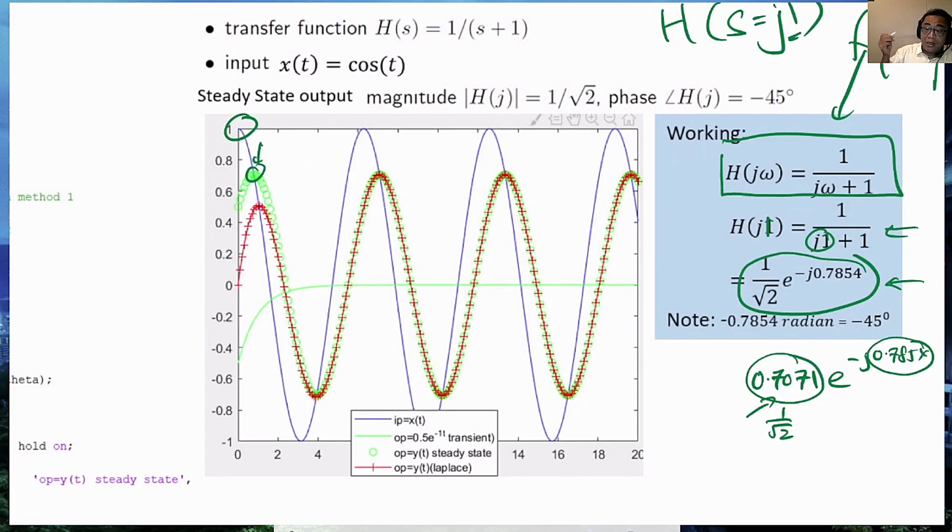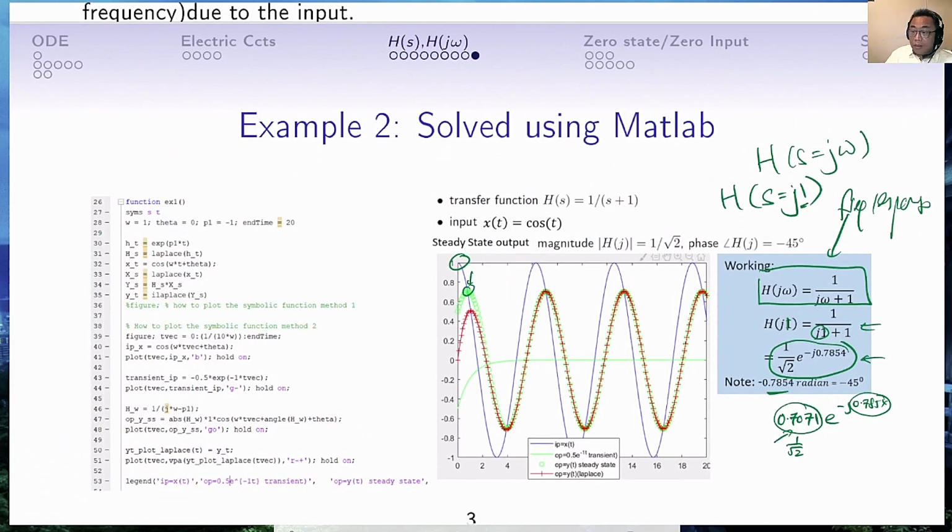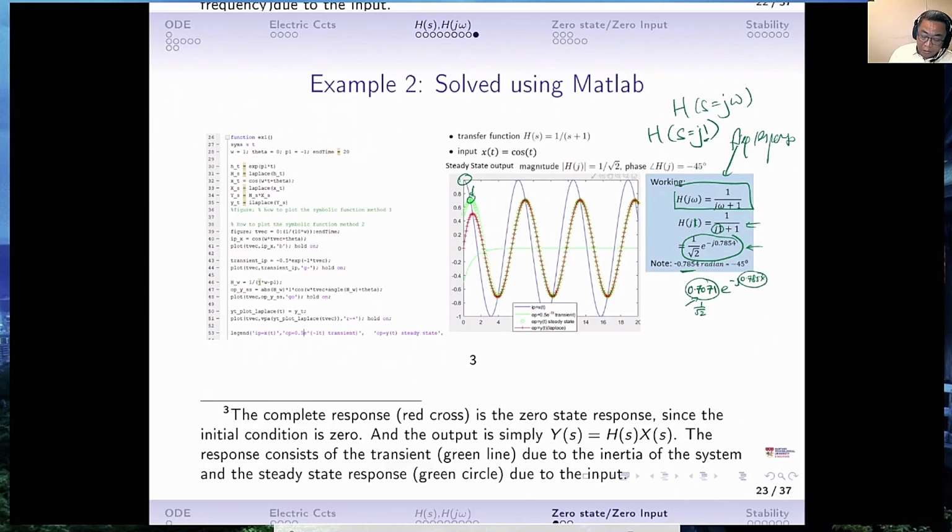It's delayed by 45 degrees, or delayed by minus 0.7854 radian. We prefer to do everything in radian, really. Okay, that's it. And we are done with the Hs and Hj omega in this section. Thank you.